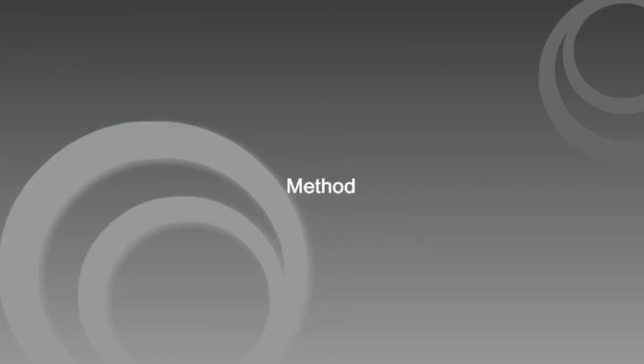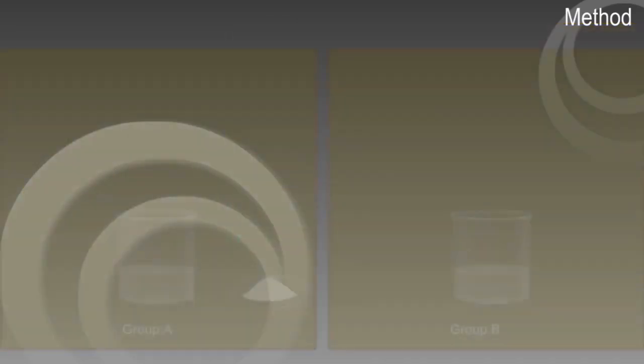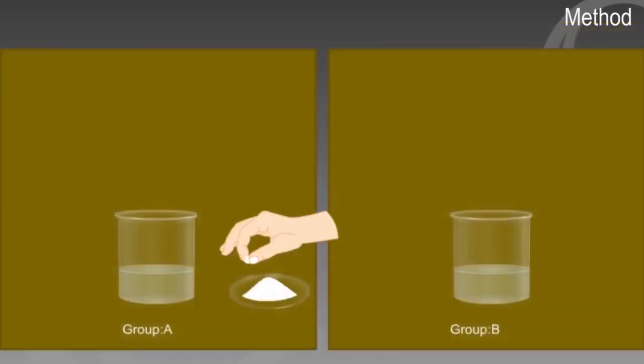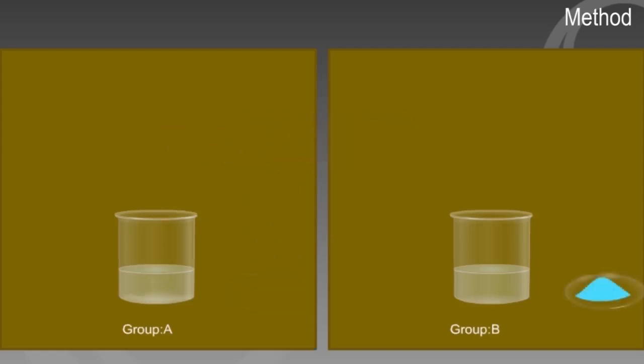The method to carry out the activity: divide the class into 6 groups A, B, C, D, E, and F. Give each group 2 beakers, a glass stirrer, a funnel, a filter paper, a torch, and 50 cc of water. Provide 2 gram of common salt and 2 gram of powdered copper sulfate to groups A and B respectively.